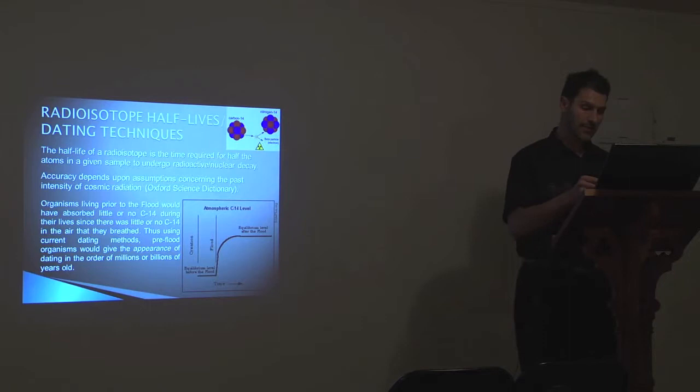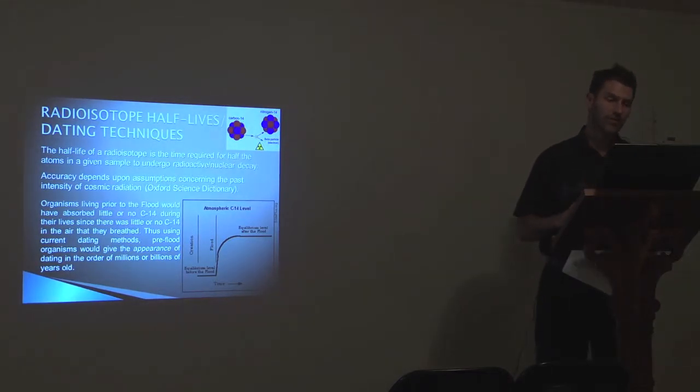So organisms living prior to the flood would have absorbed little or no carbon-14 during their lives, since there was little or no carbon-14 in the air that they breathed. Thus, using current dating methods, pre-flood organisms would give the appearance of dating in the order of millions or billions of years old, yet in fact they are not that old.